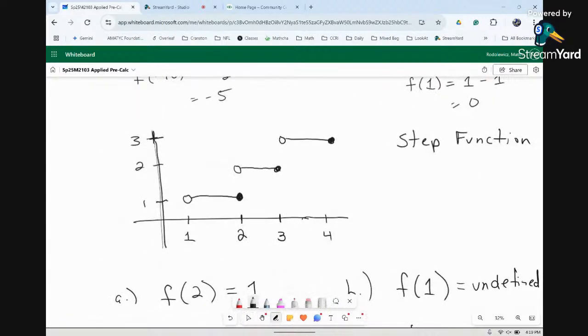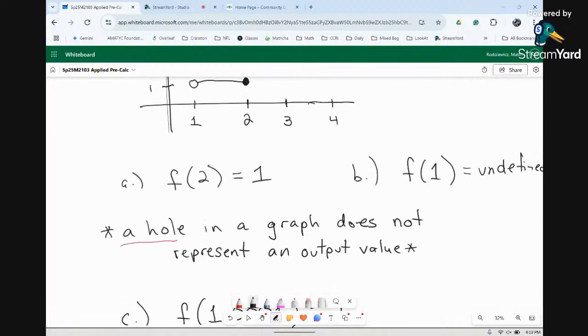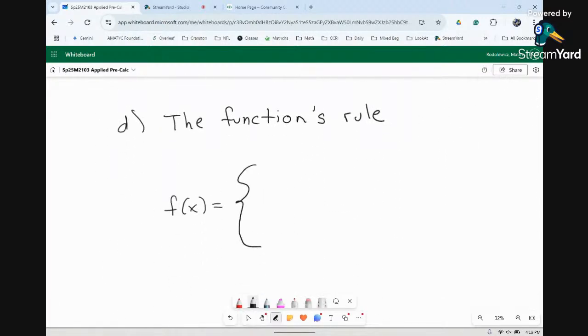I hope everyone sees that there are literally 3 pieces to this graph. The first piece is output 1 when your inputs are strictly greater than 1, less than or equal to 2.